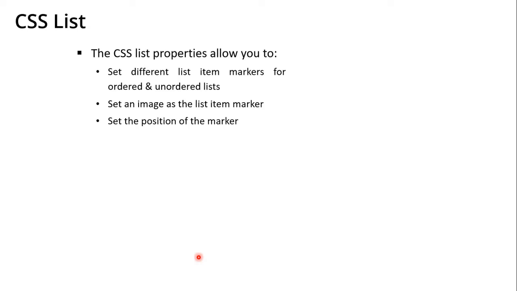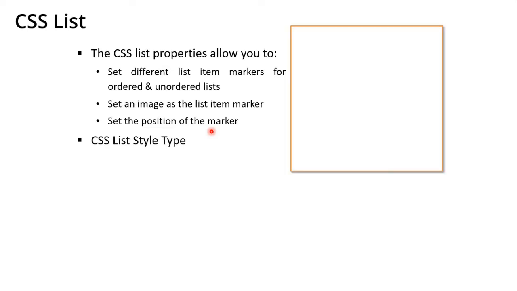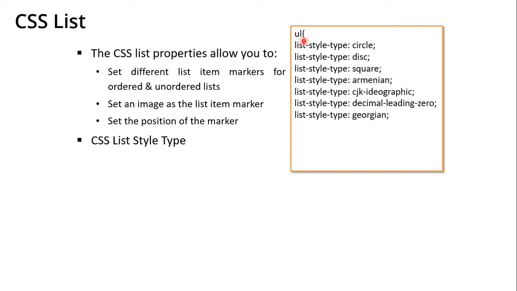CSS list. The CSS list properties allow you to set different list item markers for ordered and unordered lists, which I have explained in HTML. You can also set an image as the list item marker and set the position of the marker. So CSS list style type: for UL, the unordered list, we have circle by default and square, so we have different options.